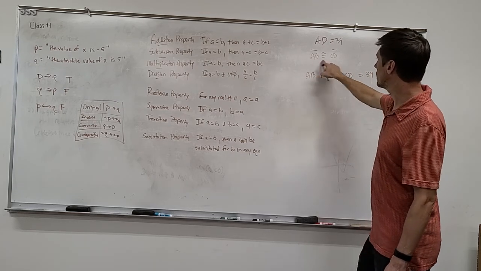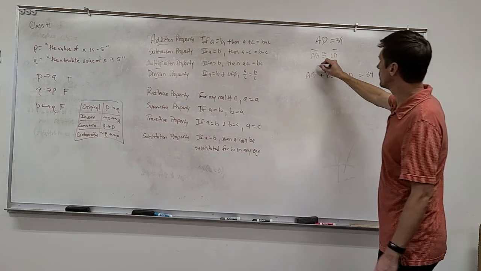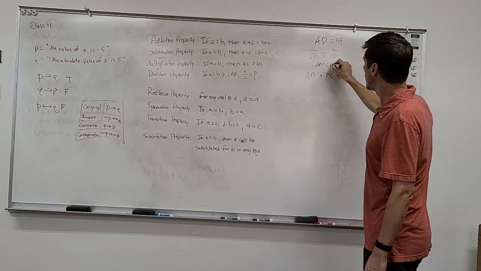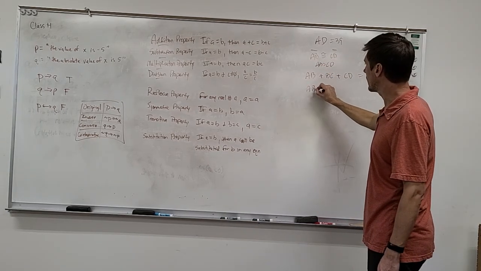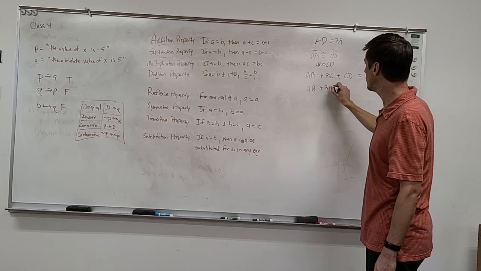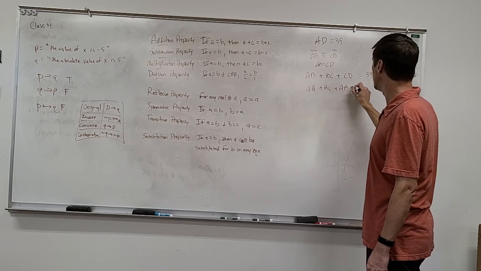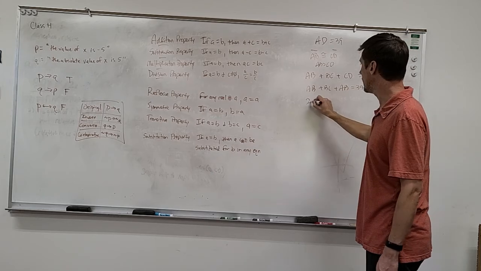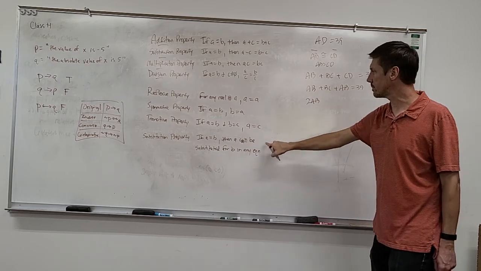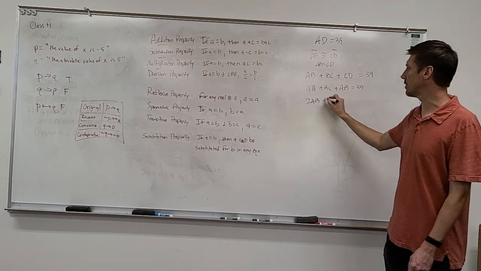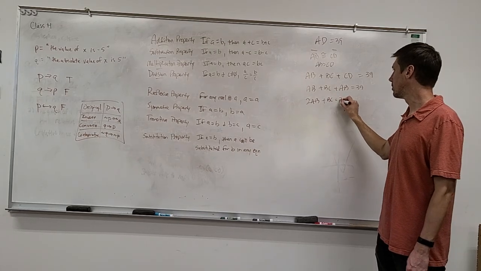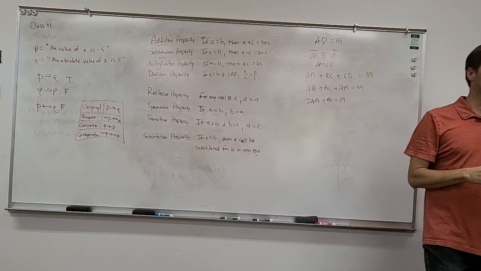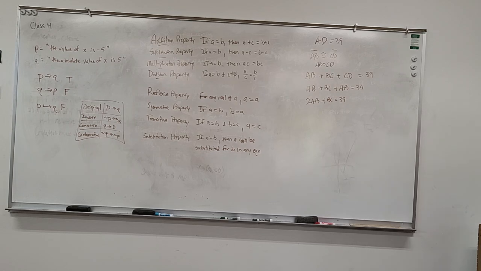I said because these are congruent to one another, because AB equals CD, then I could just replace one for the other. I could say then that AB plus BC plus AB equals 39 and change it to 2AB. So it's the substitution property that allows us to do stuff like that. Because we know one is equal to the other, so we can just substitute in one for the other.